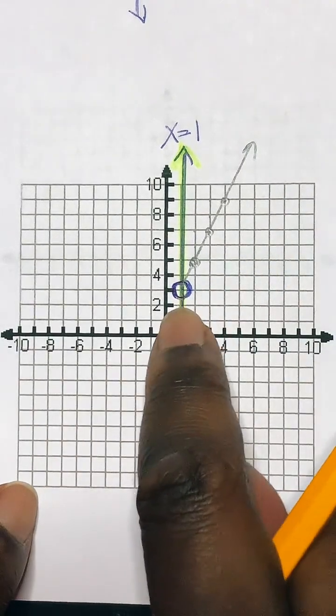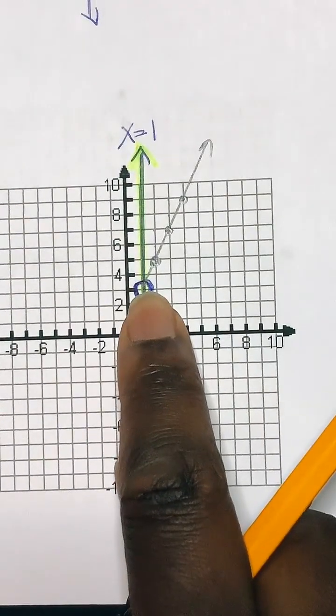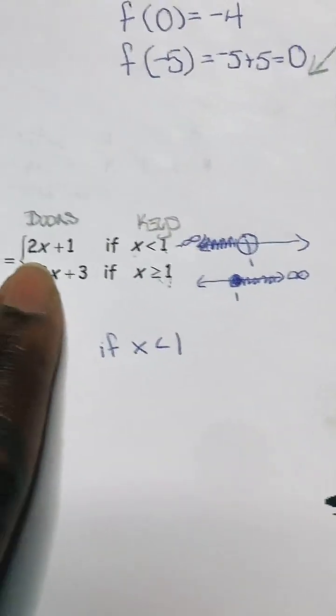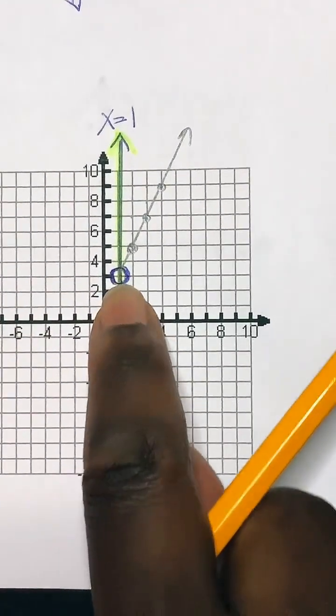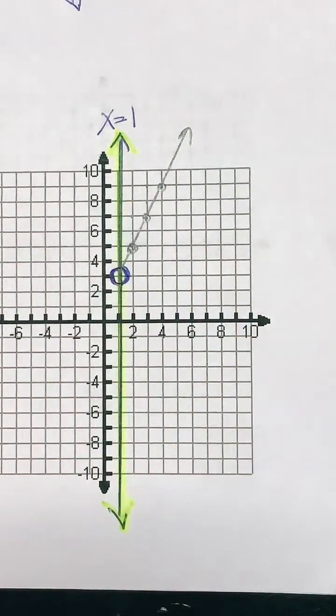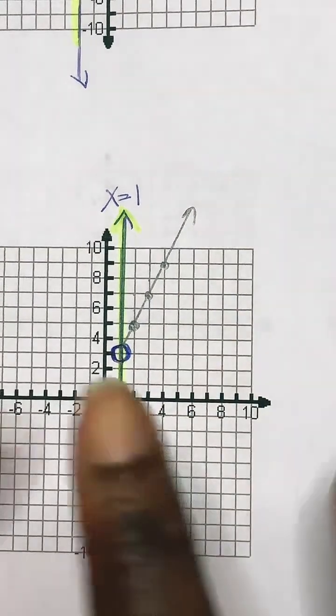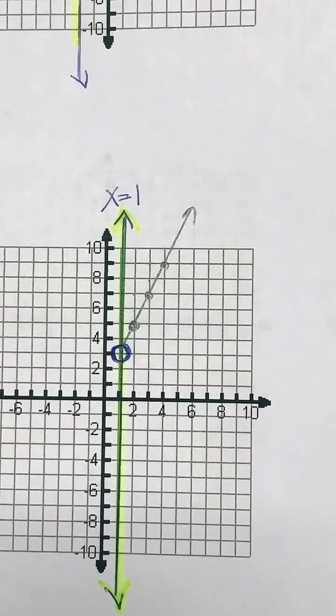So why not start near that boundary line, and then you take your slope, which is the 2, and you go up 2 over 1, up 2 over 1. You can repeat it as many times as you can till you see the rest of the line or the ray.